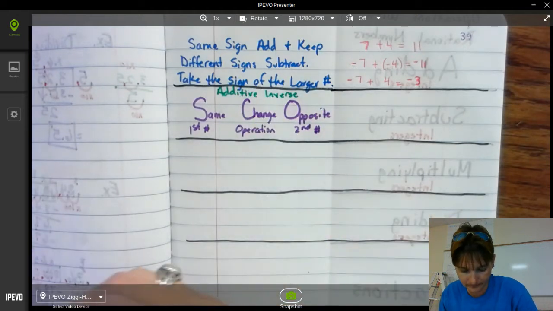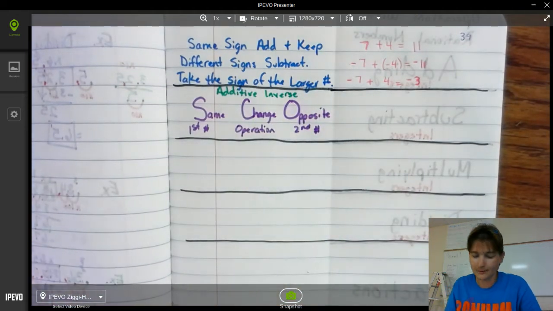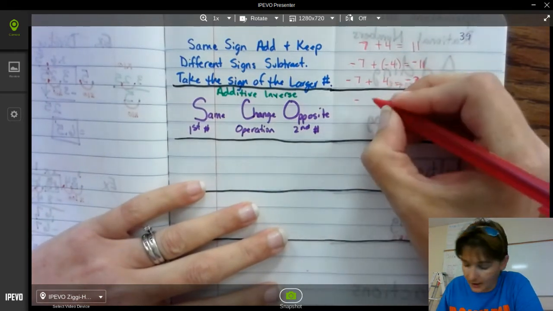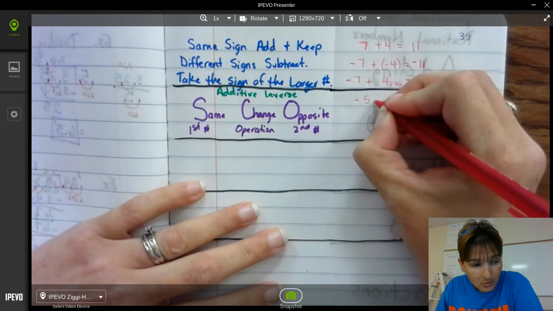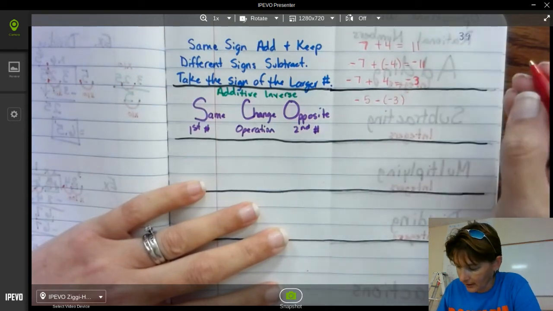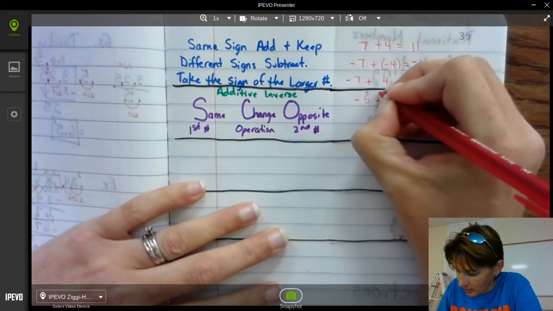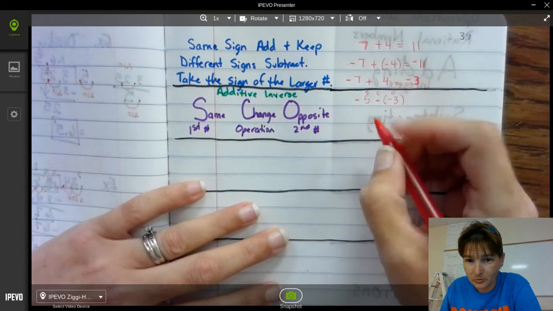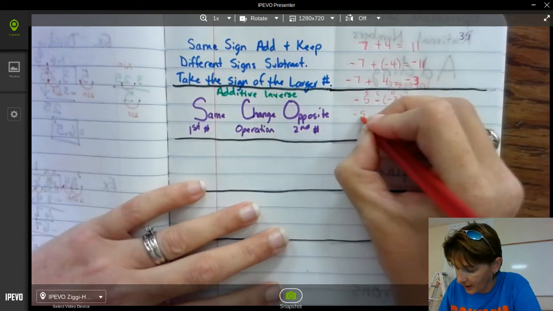All right, so an example of that, we have negative 5 minus a negative 3. Okay, when we use SCO, we take the same number of the first problem, so a negative 5.